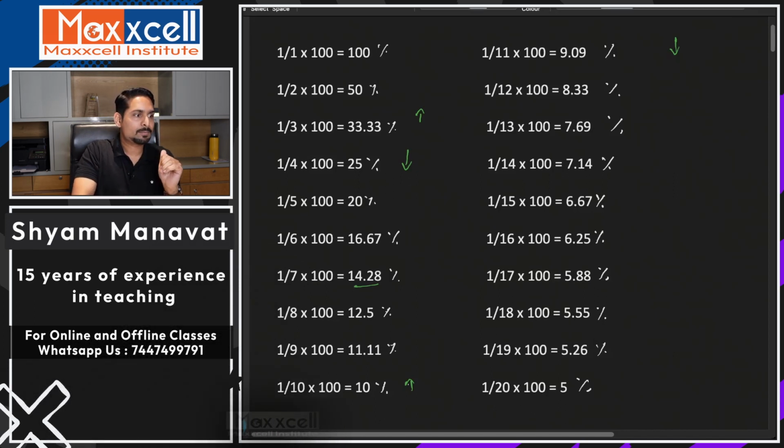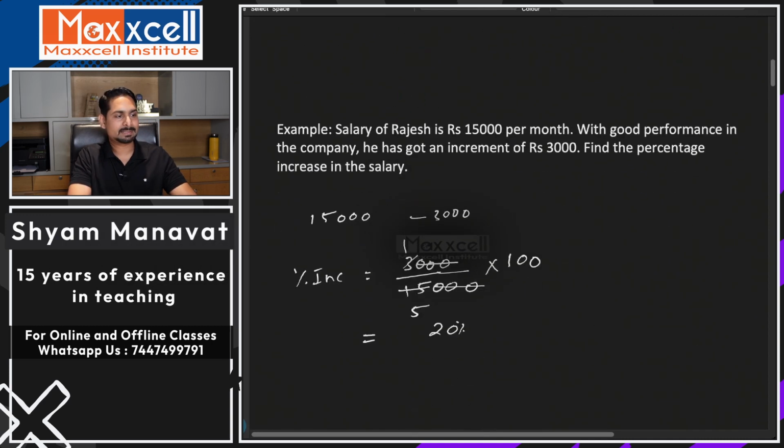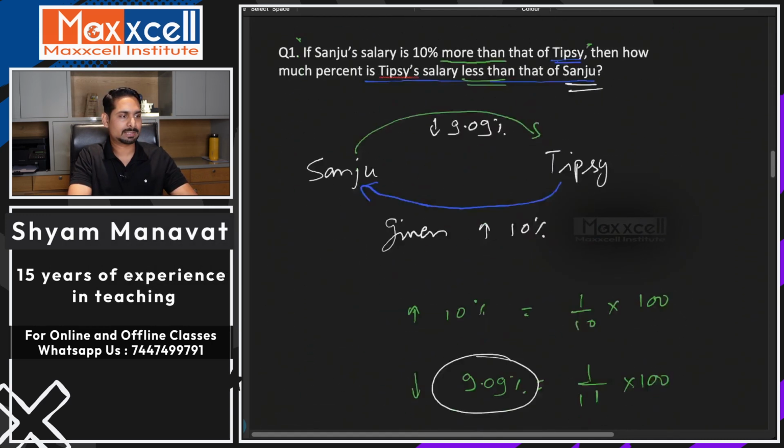For example, pressure decreases by 20%. So volume should increase by what? A value above, 25%. We have discussed this in the fraction percentage table, guys.